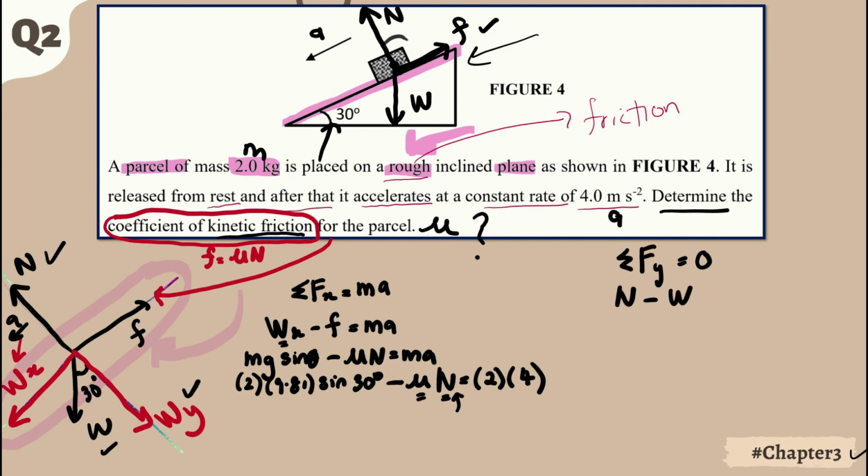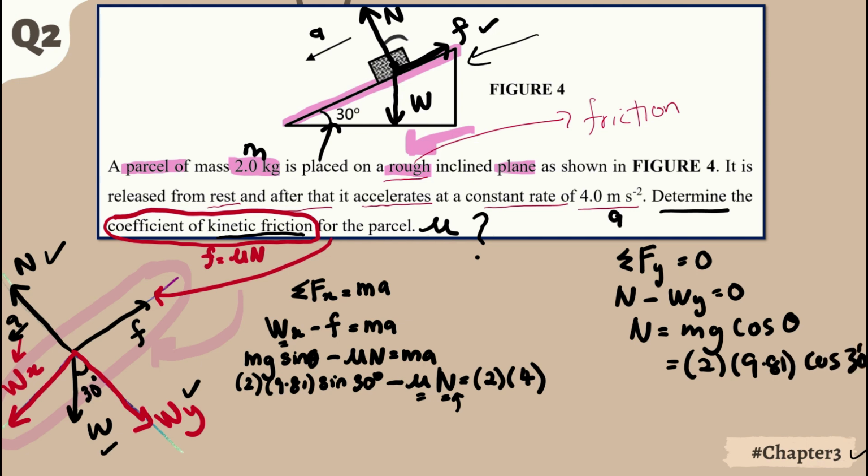N minus Wy is equal to 0. N is equal to Wy, which is mg cos theta. Then we substitute the values, 9.81 cos 30, and we get our normal as 16.99 Newton.